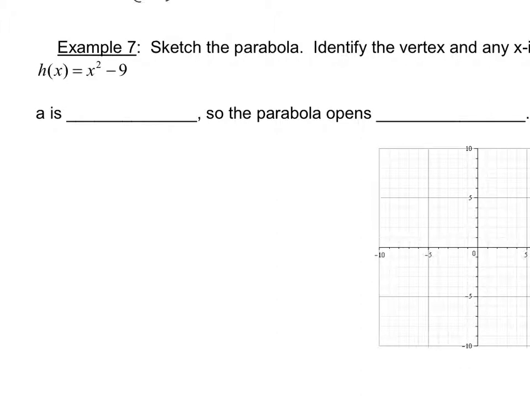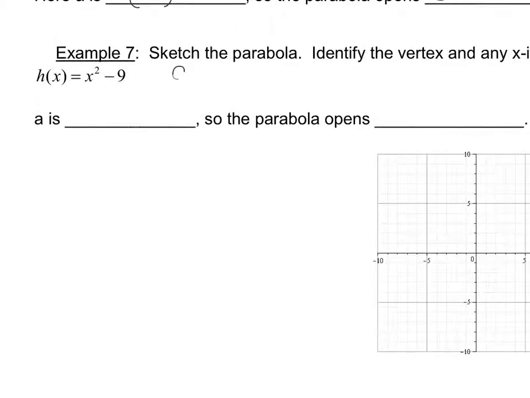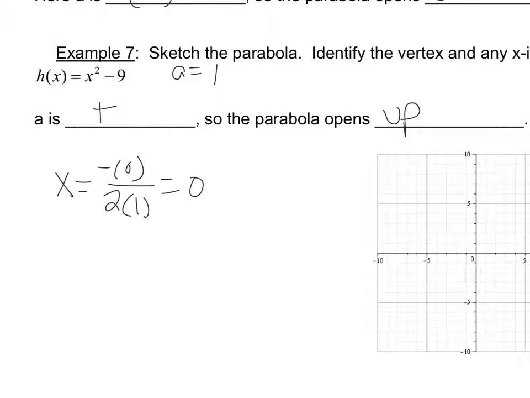Okay, so now you want to sketch a graph of this. Well, A is 1, so it's positive, so it's going to open up. So if we just find the vertex here, the vertex x equals negative b divided by 2 times a, so it's 0. Plug in 0, you get y equals 0 squared minus 9.